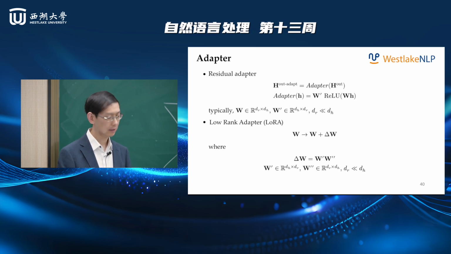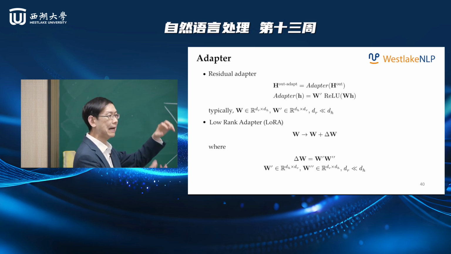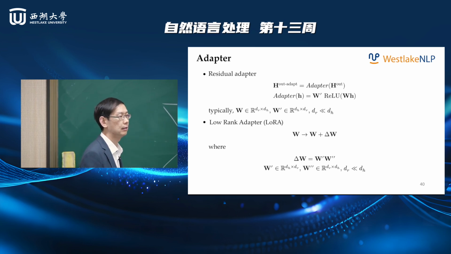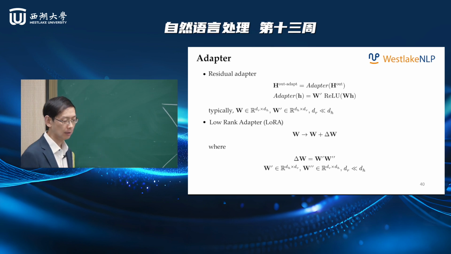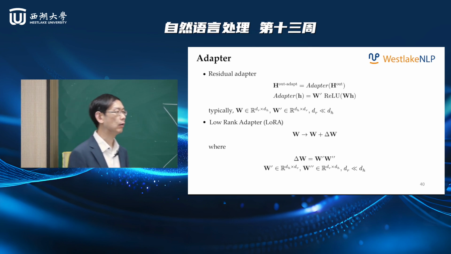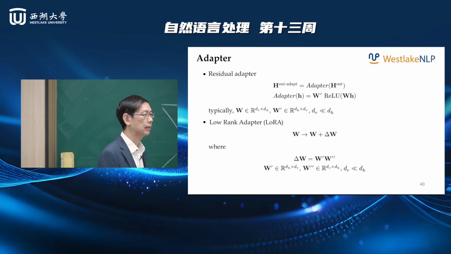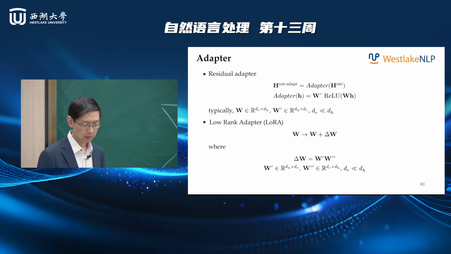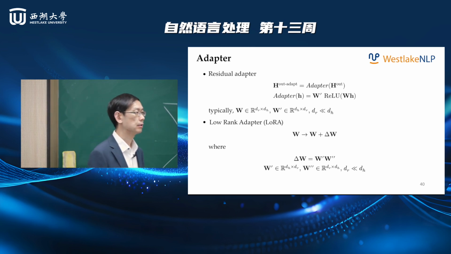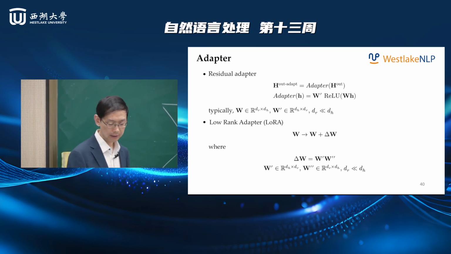So this is a cascaded way of adding adapter. You have a more parallel or simpler way of adding adapter, which is to change the original parameter matrix. This is called low-rank adapter, or LoRA.